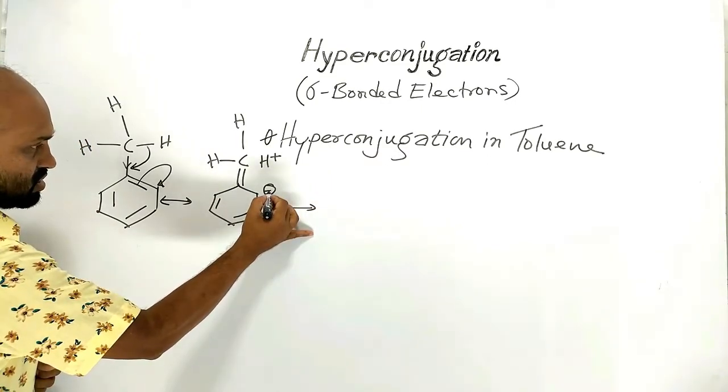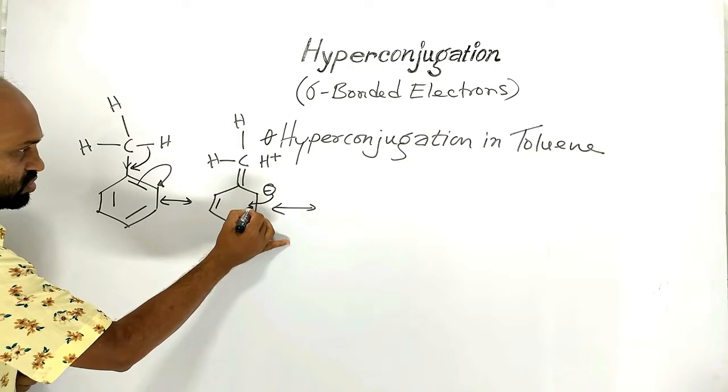Again these electron pairs form a pi bond.